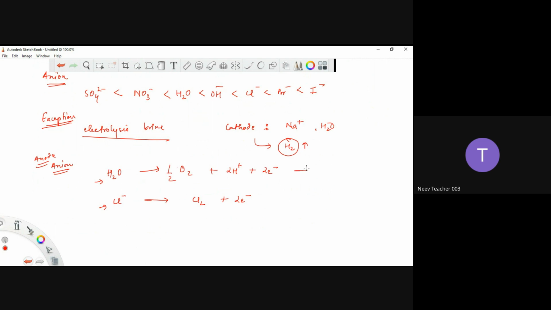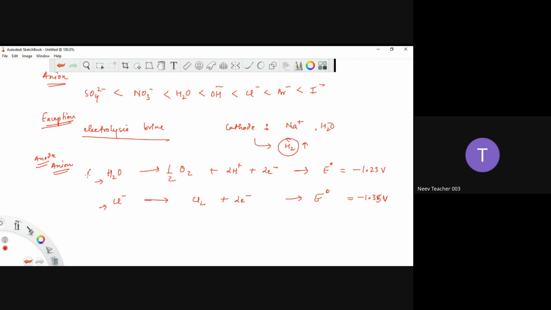If you talk about this oxidation potential, E naught comes out to be minus 1.23 volt. And E naught of Cl minus to Cl2 is minus 1.35 volt.